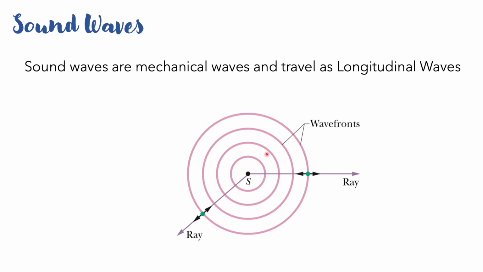These pink or light purple ones are the wave fronts. Wave fronts are the parts of the medium at which all the waves are in phase, or you can consider them crests here.